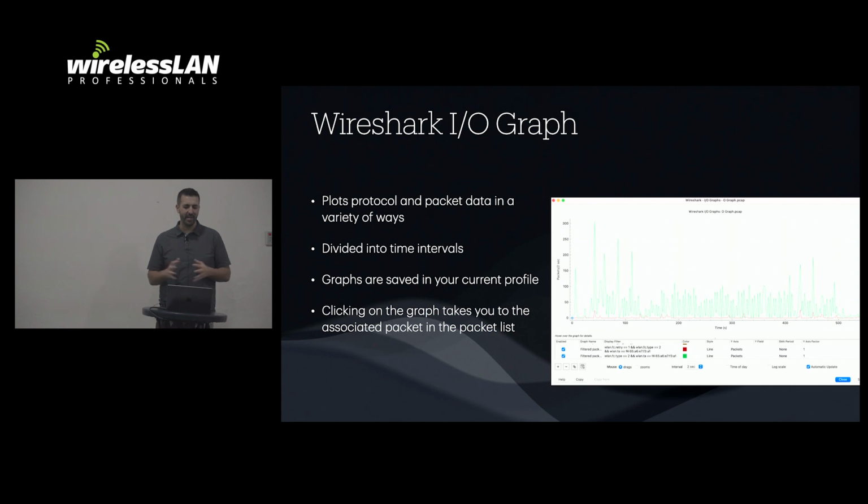So I am not a Wireshark expert. I'm not an I/O graph expert. I've done enough with it now where I can show some usefulness out of it, and hopefully you guys can take that and run with it from there.